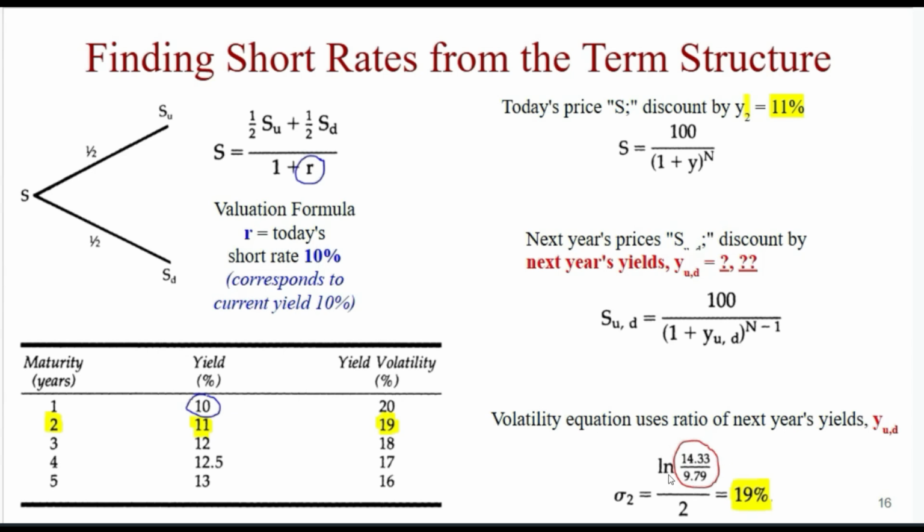These become our 1-year short rates, R sub U and R sub D, which we will later enter into our rate tree. So to recap, we have just used today's market term structure to determine the correct short rates to enter into our rate tree for next year.